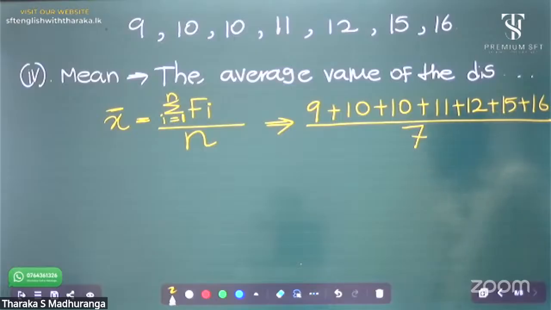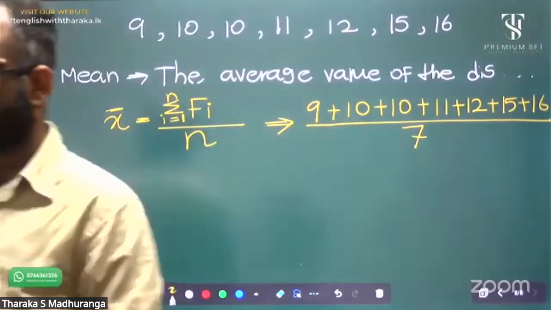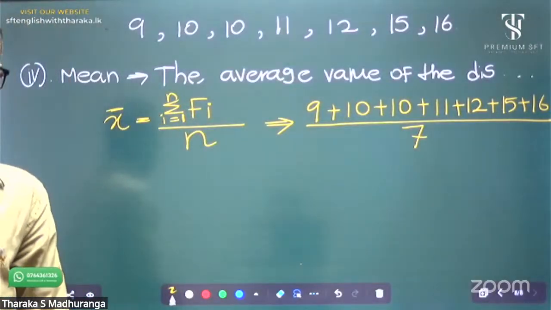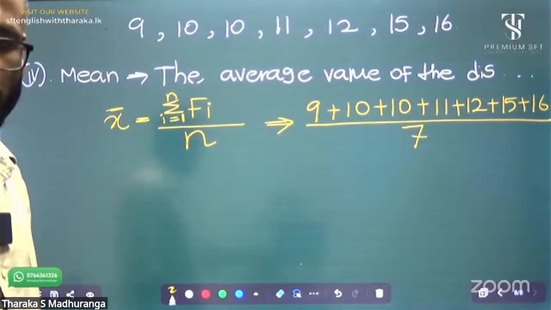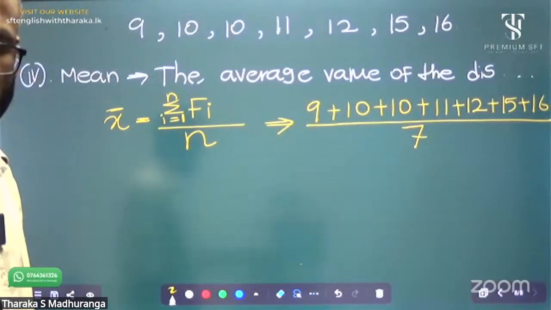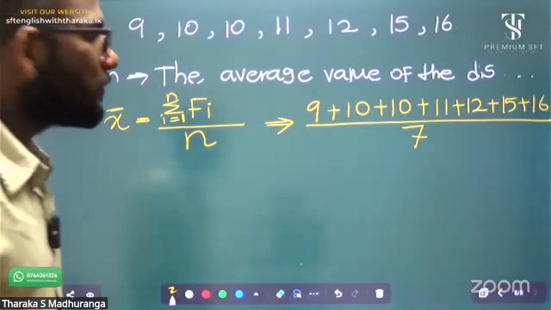Now 83 over 7. Habib, what's the value? 11.85.